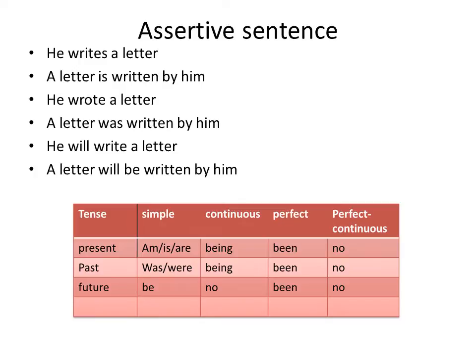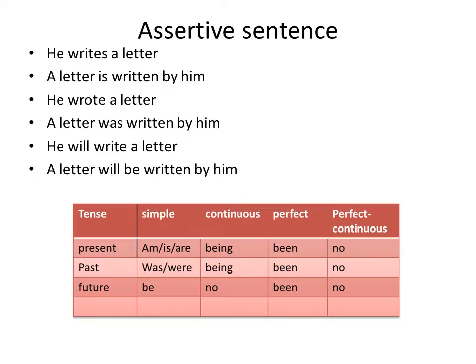He writes a letter. So the verb form of this sentence is simple present tense. So how to change it? First of all, we have to identify the object, a letter.